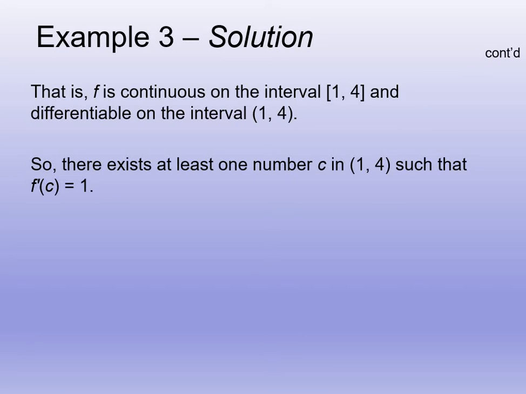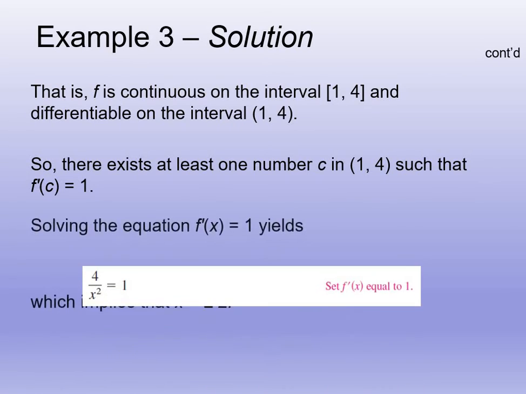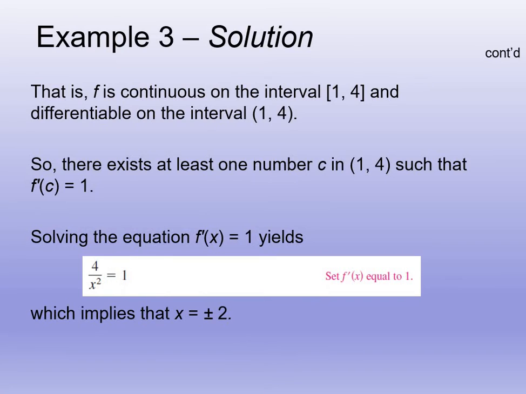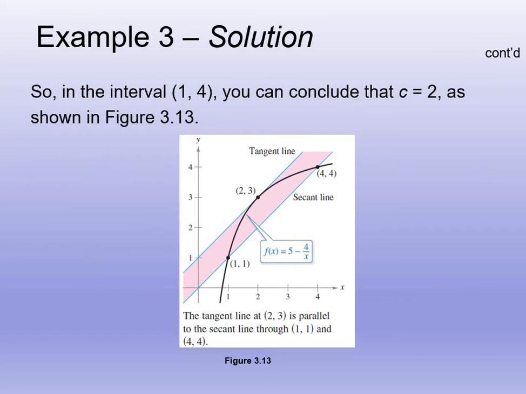So what we need to do is take the derivative of the function and set it equal to 1. We take f prime of x and set it equal to 1. So we have 4 over x squared is equal to 1. Then we solve that for x. We square root both sides and we get plus or minus 2.